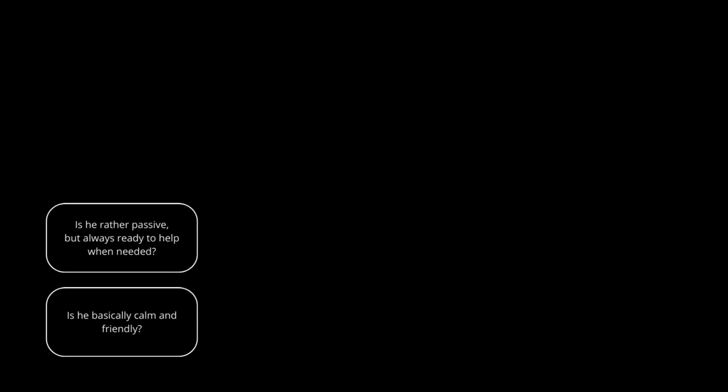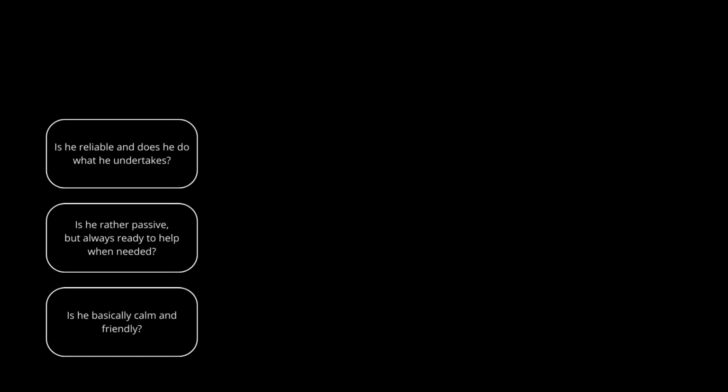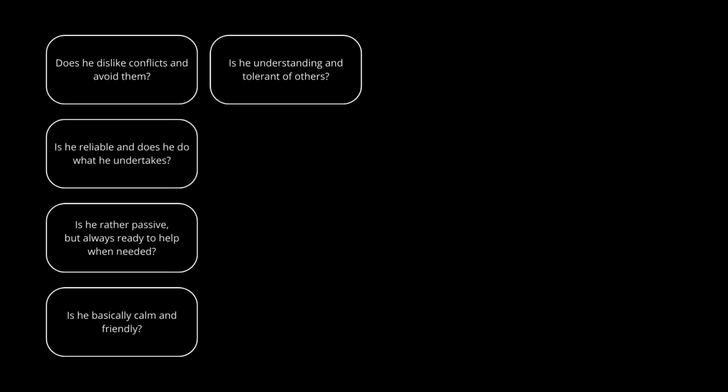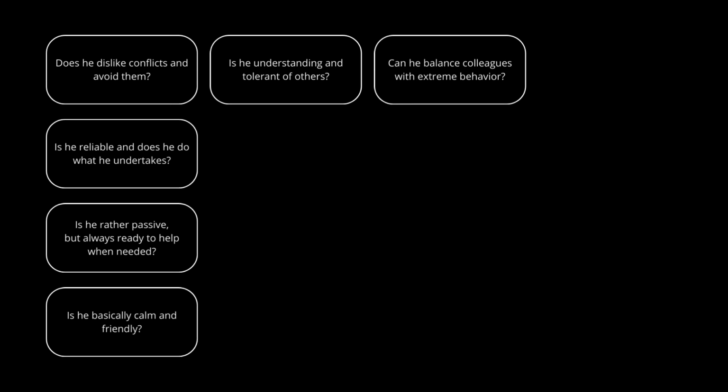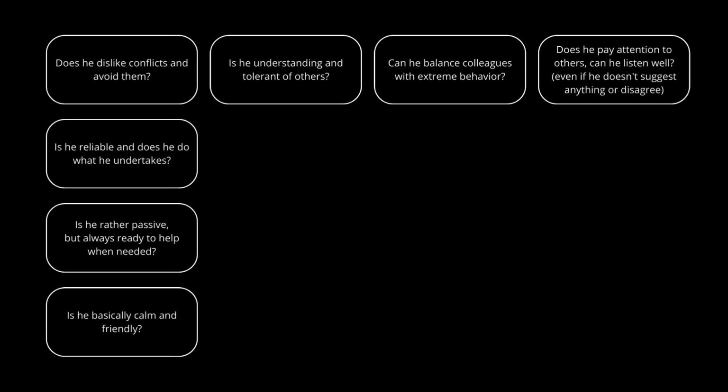Okay, let's see the next set of questions. Is he basically calm and friendly? Is he rather passive, but always ready to help when needed? Is he reliable and does he do what he undertakes? Does he dislike conflicts and avoid them? Is he understanding and tolerant of others? Can he balance colleagues with extreme behavior? Does he pay attention to others?